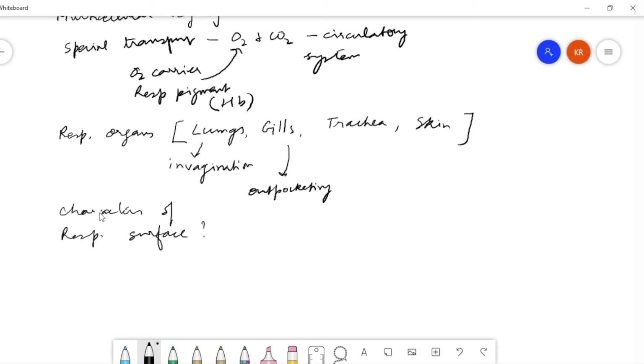So it's easy to say this. The first one is that it should be very thin. At the position where exchange of gases takes place, they should be very thin.